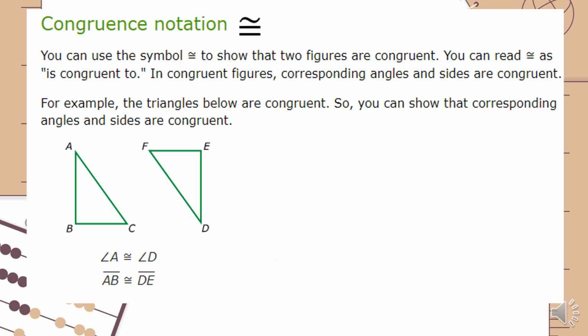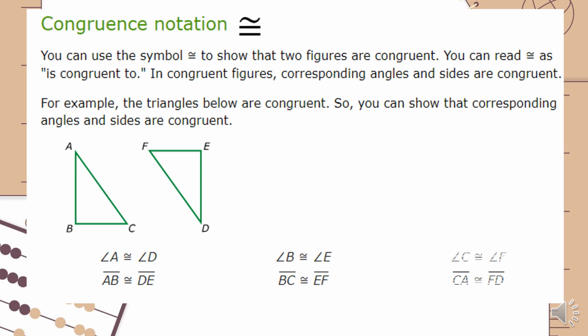Similar is the case with the sides. Line segment AB is congruent to line segment DE. Now move to the next angle, angle B. Angle B is congruent to angle E, and line segment BC is congruent to line segment EF.